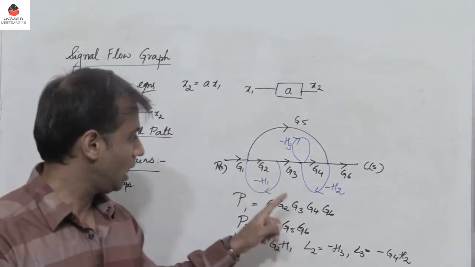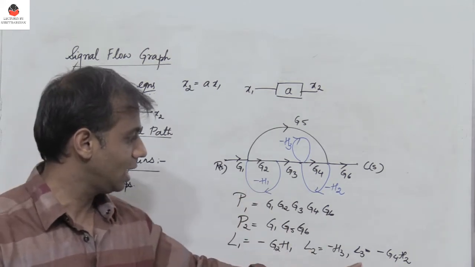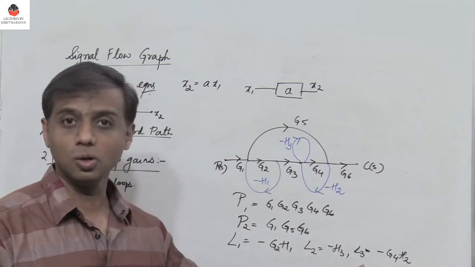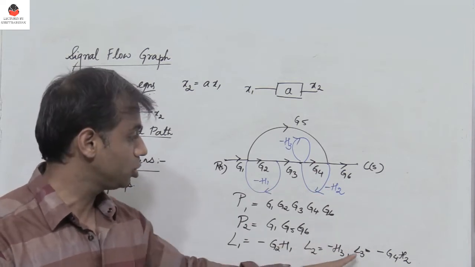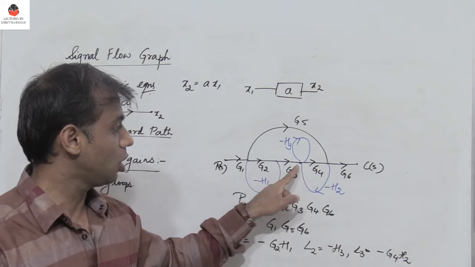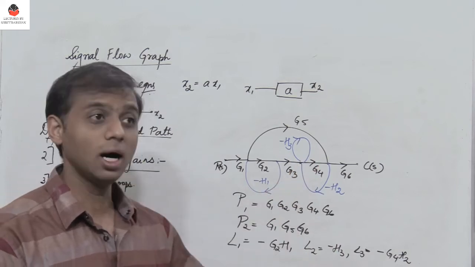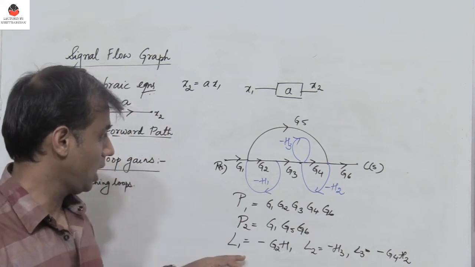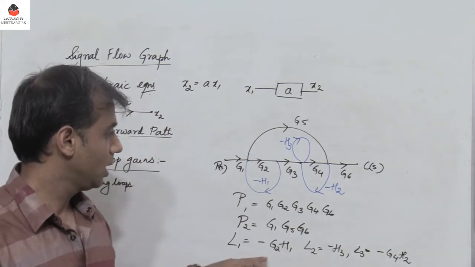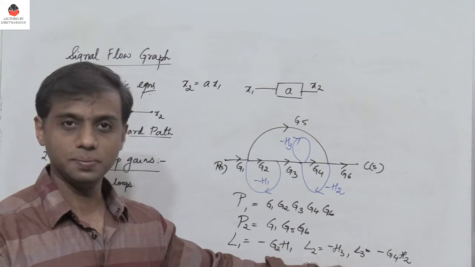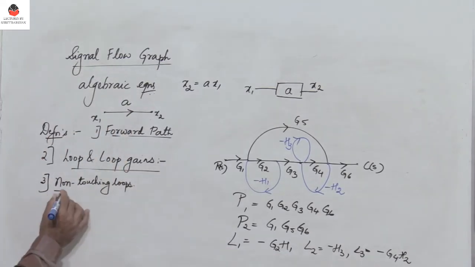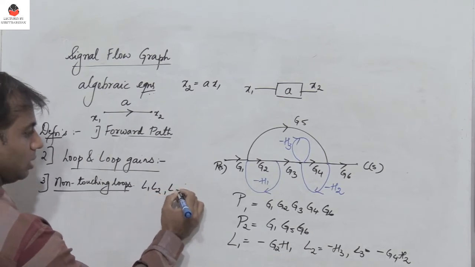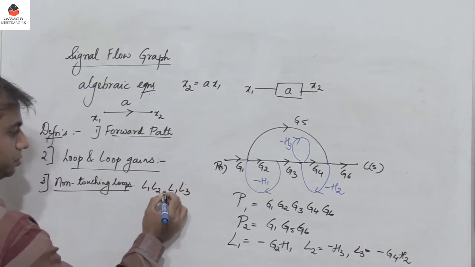Similarly, I have L1 and L3, which is this loop, so L1 and L3 are non-touching loops. What about L2 and L3? They share a common node, so these two are touching loops. So the non-touching loops are L1, L2 and L1, L3.